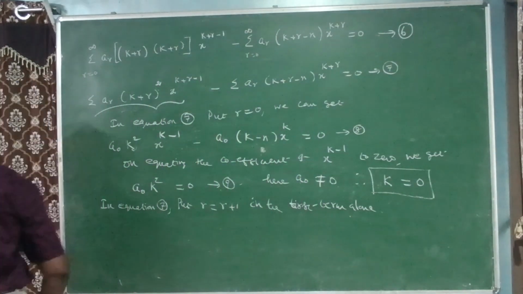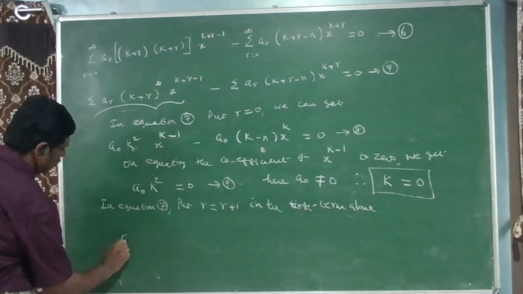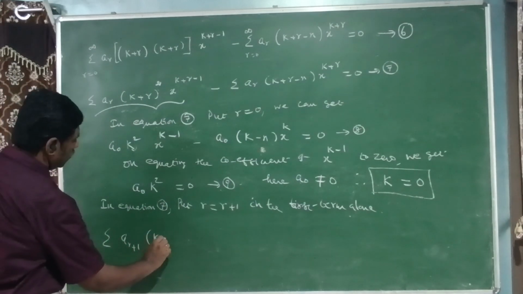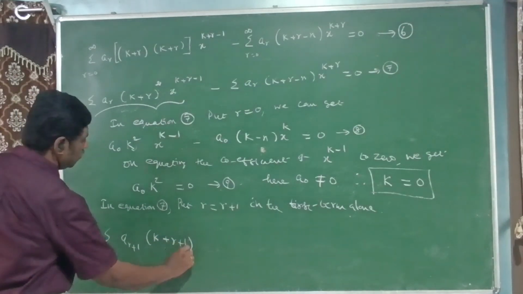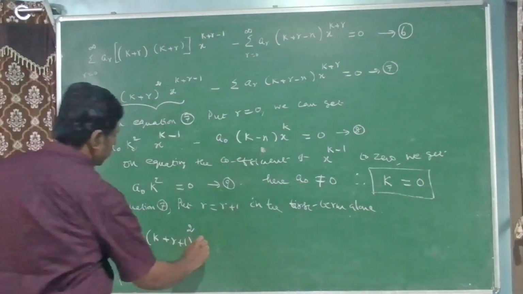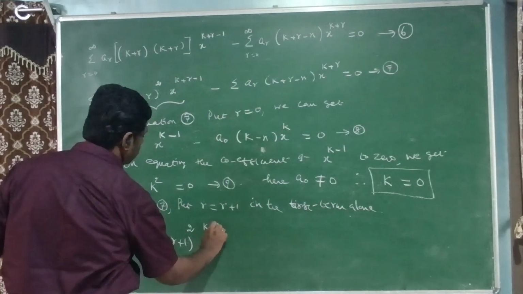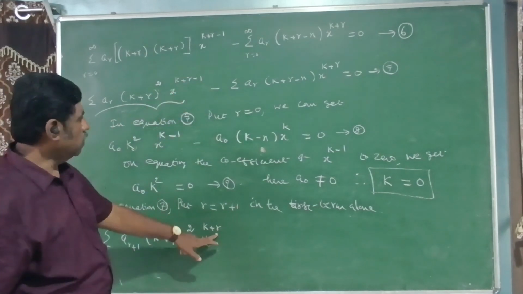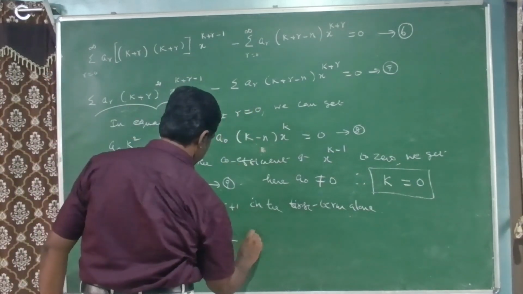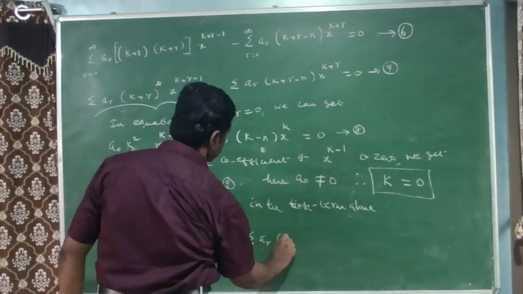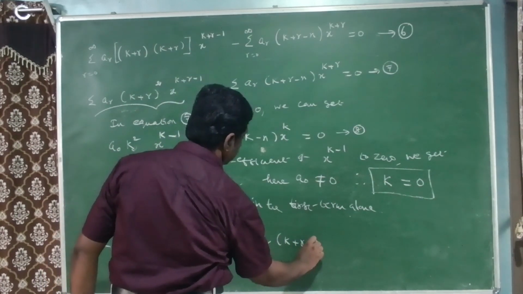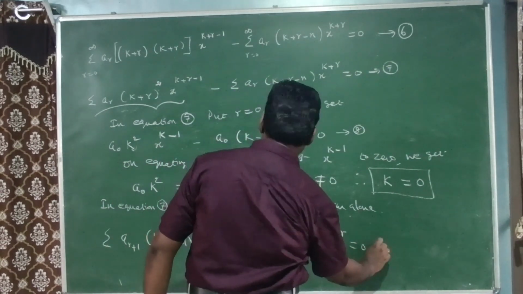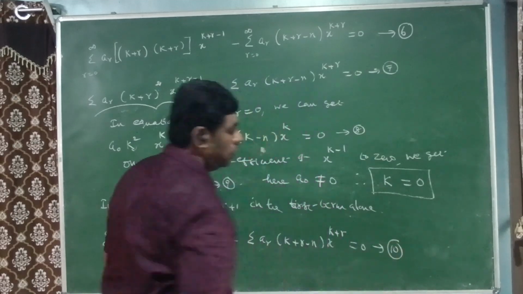See here, a r plus 1 into k plus r plus 1 square, then x power k plus r. If you replace r by r plus 1, write out the second term as such: summation of ar k plus r minus n x power k plus r equal to 0. Say this is equation number 10.